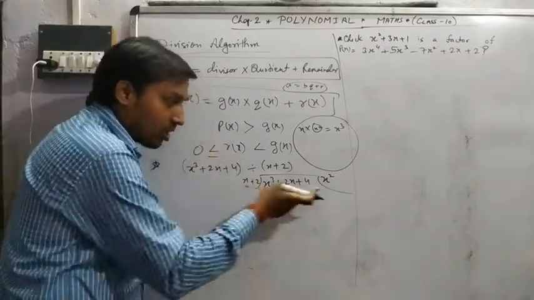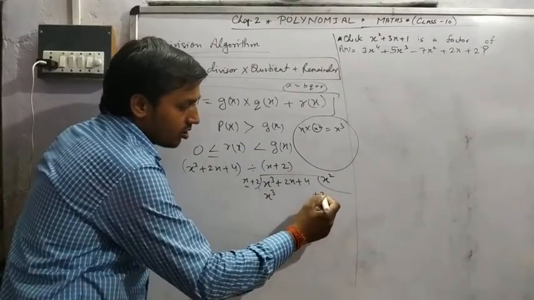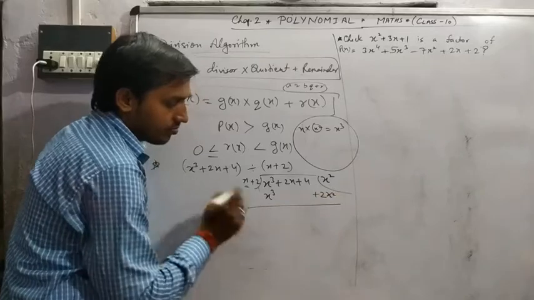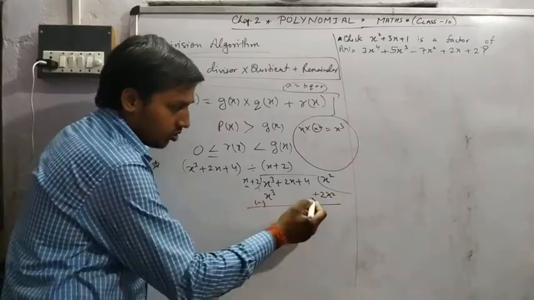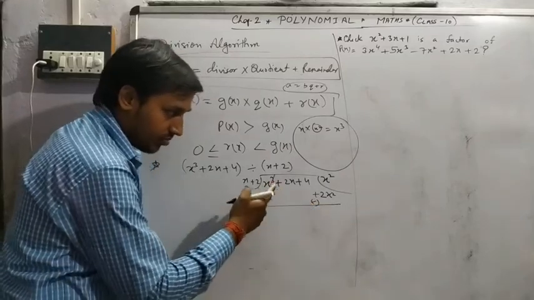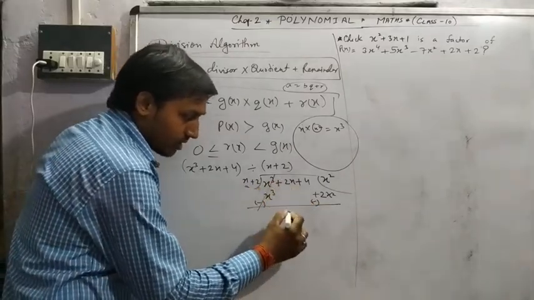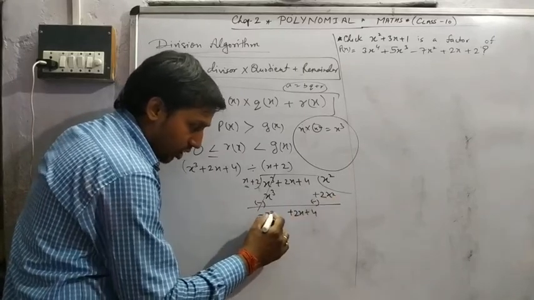There is no like term as x square, so we write it down separately outside. Sign change, subtract as you do in division. Cancel out, always cancel.